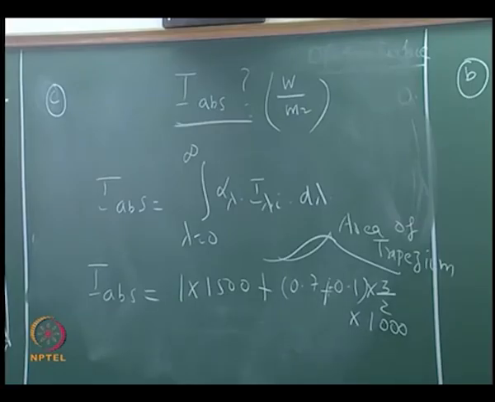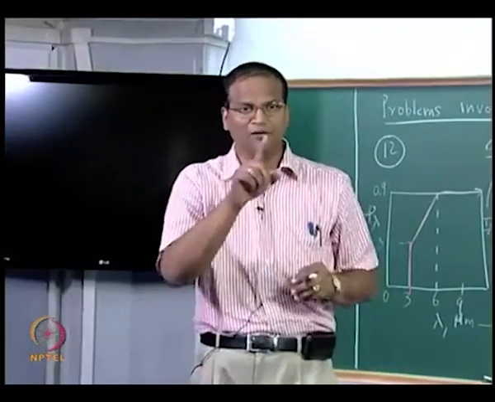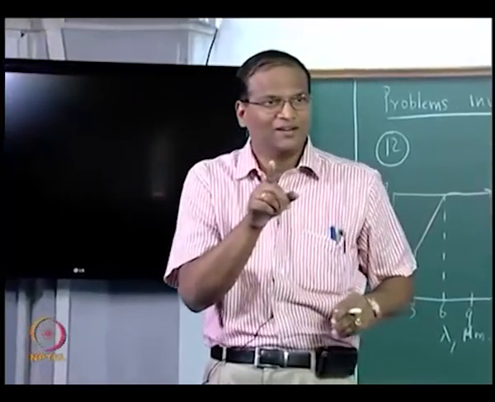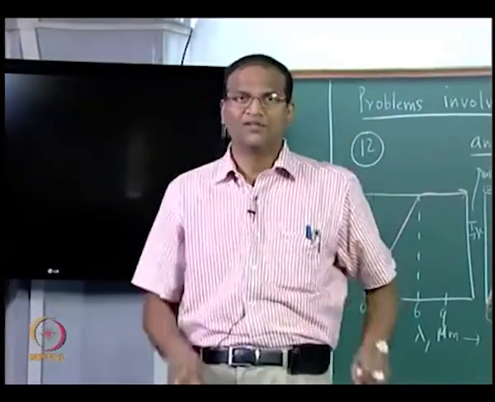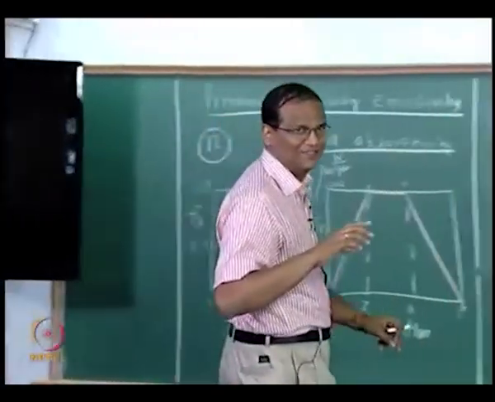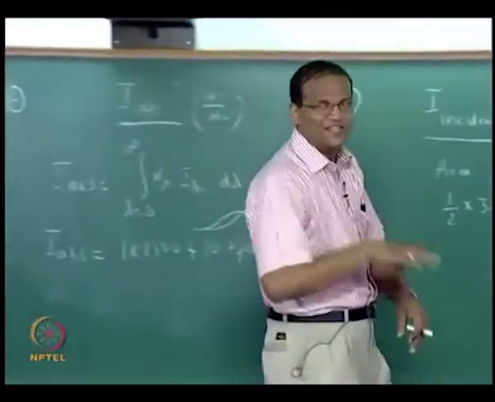Now I can complicate matters by having a varying alpha and a varying I lambda. Then you will have to do the double integration, but I will not do such a thing. Wherever this is varying, that is not varying. Did you see that? So the problem is carefully chosen. Otherwise, some additional pain is there. It's not that it cannot be done.